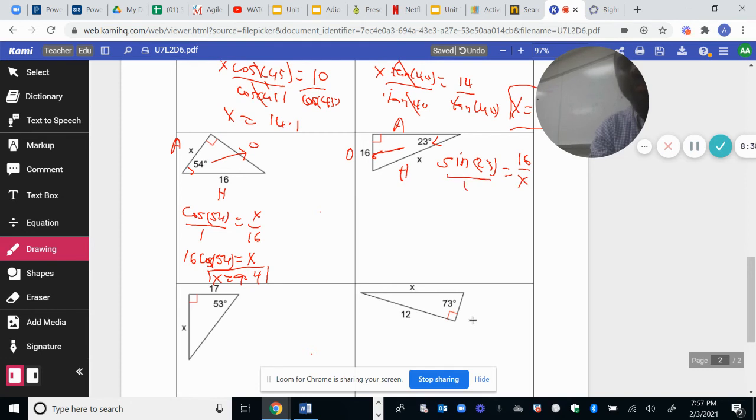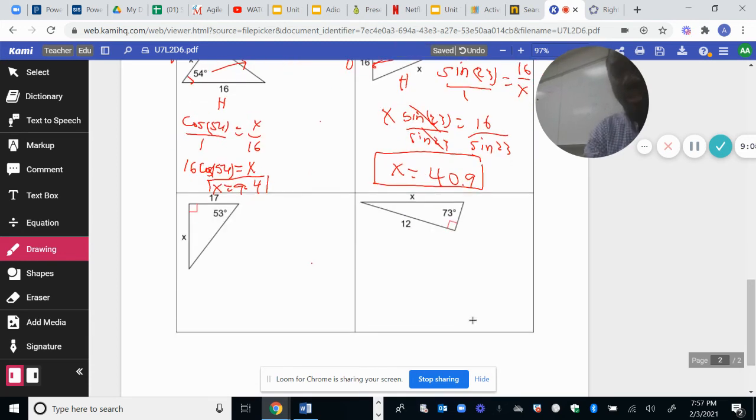You write sine over 1, you cross multiply, you're going to have x sine 23 equals 16 times 1. Then you divide both sides by sine 23. This cancels this, so x is going to be 16 over sine 23, which gives us 40.9 if you calculate it very well.